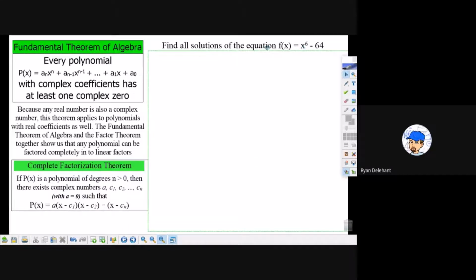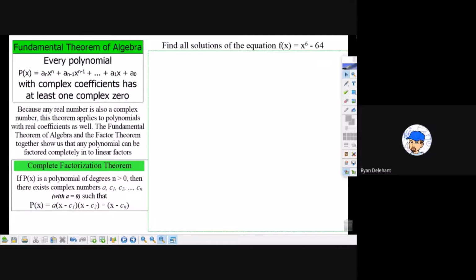So if we look at this first example, x to the 6 minus 64, and I want to factor this completely, how many linear factors is it going to have? It's going to have 6 of them, okay? Now this one uses a special formula to factor it first, because I'm not going to go through the whole P over Q list on this one.